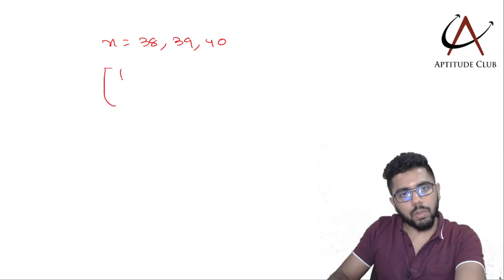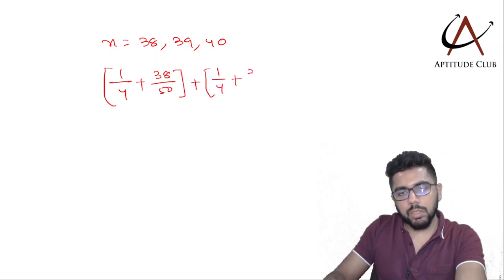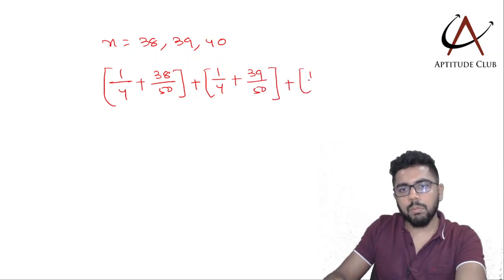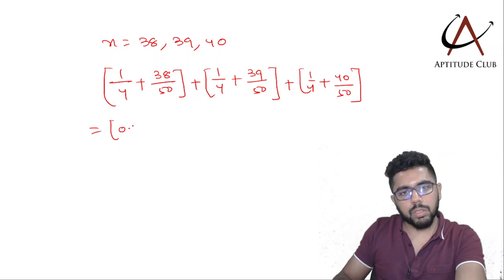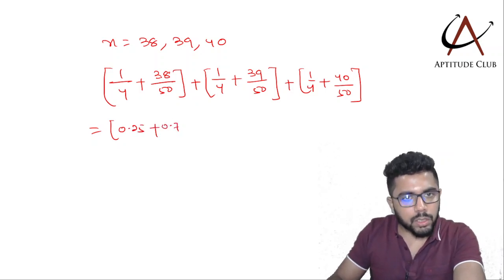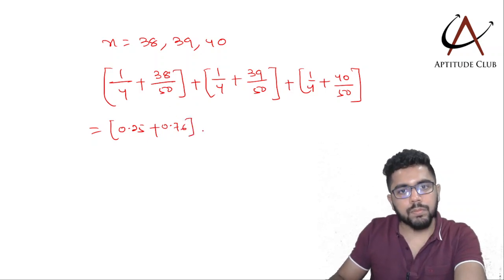So basically it is 1 by 4 plus 38 by 50. Then this is 1 by 4 plus 39 by 50. And this is 1 by 4 plus 40 by 50. So if you solve this, 1 by 4 is 0.25, 38 by 50 is 0.76.